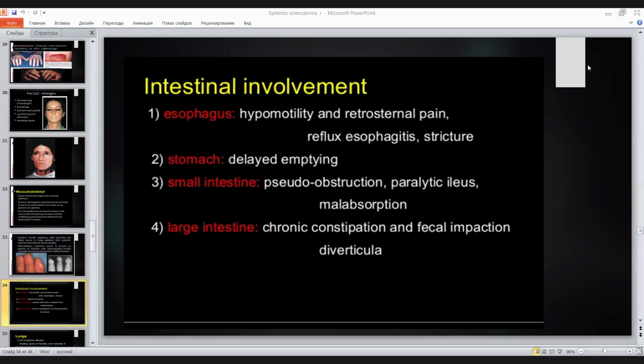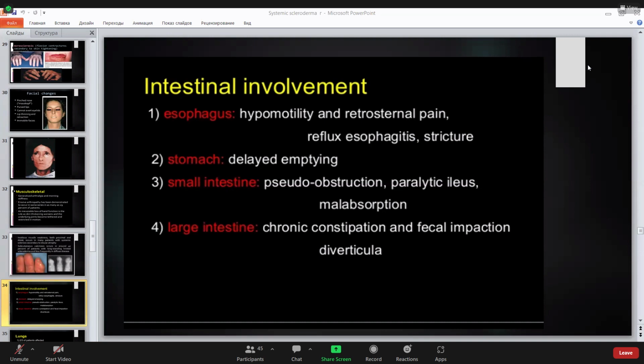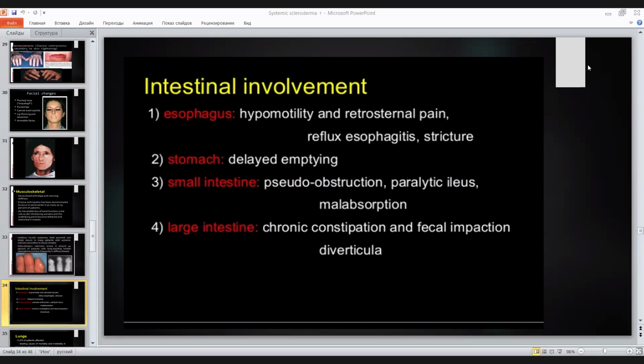And they feel pain. When you start to check this change, you find that it is due to stricture. Why stricture? Because of sclerosis, fibrosis. There will be reflux esophagitis. And of course, due to this, there will be hypomobility.